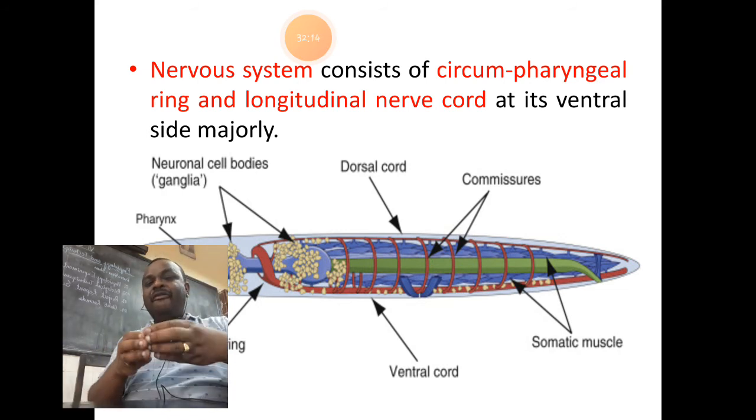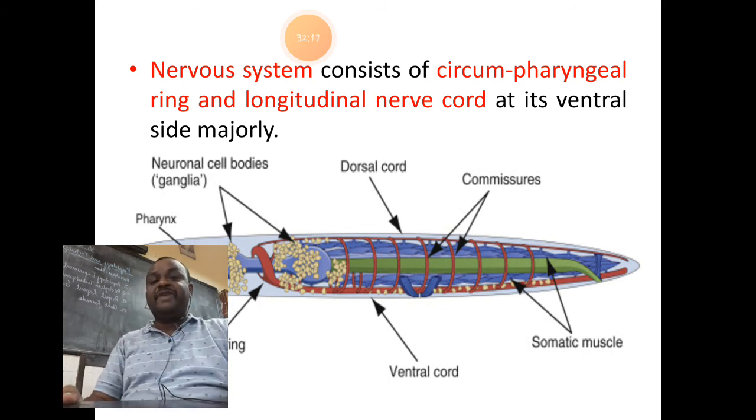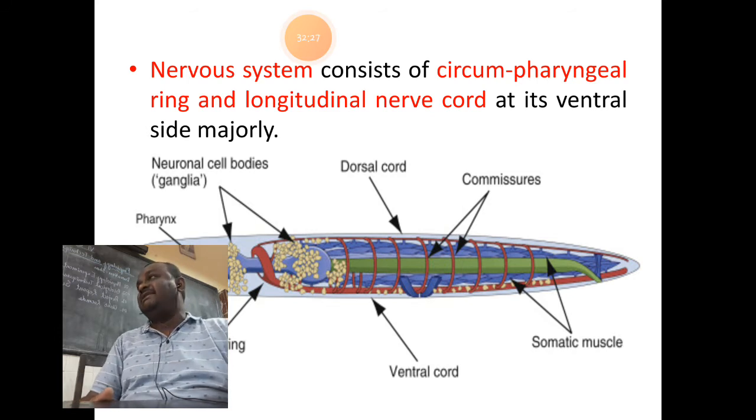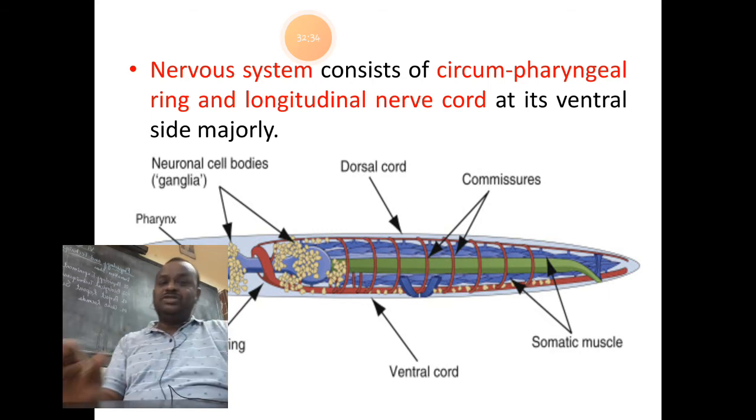So the ring of nerve that surrounds the pharynx is called the circumpharyngeal ring, from which arise the longitudinal nerve cords. Generally you have a dorsal nerve cord and a ventral nerve cord. Two nerve cords arise from the circumpharyngeal ring and move towards the posterior side.